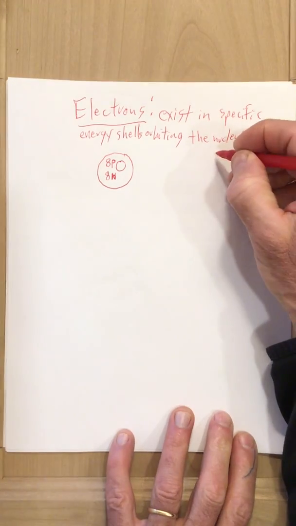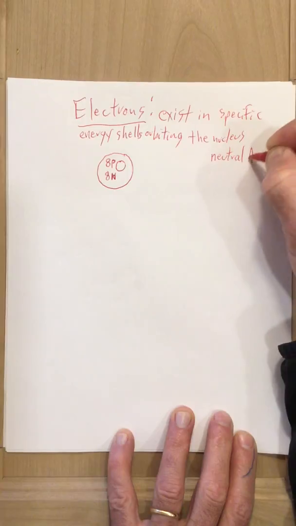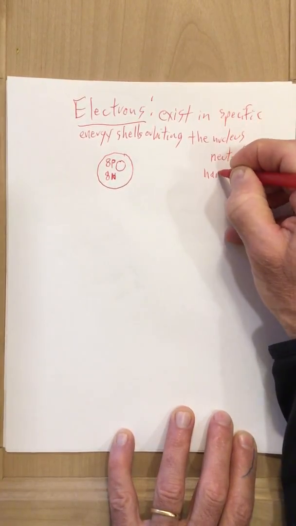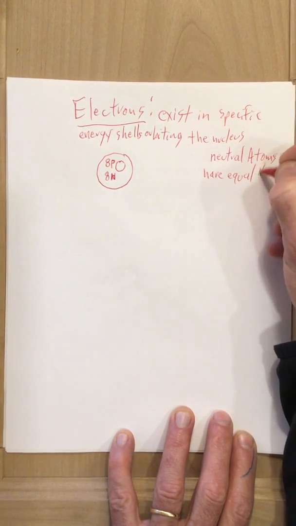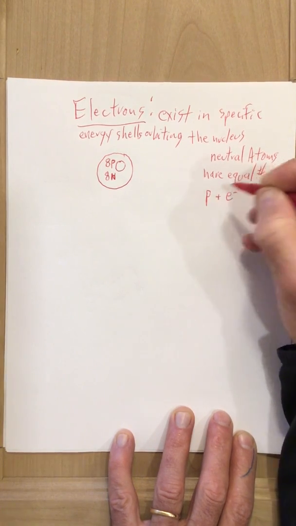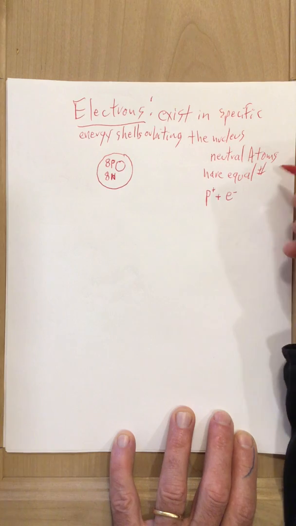Okay, so here's what neutrality is. Neutral atoms have equal numbers of protons and electrons. Okay. Protons positive, electrons negative.